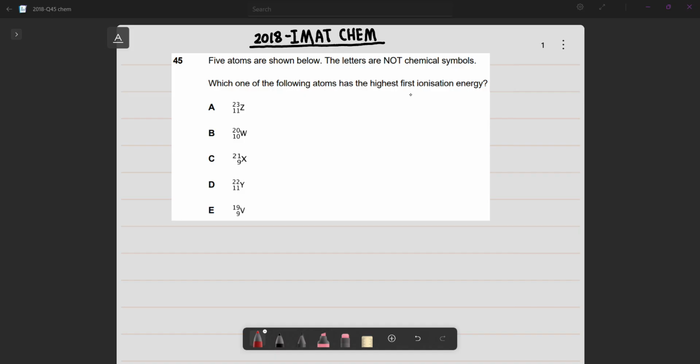Before we solve this, we have to first recall the definition of first ionization energy.